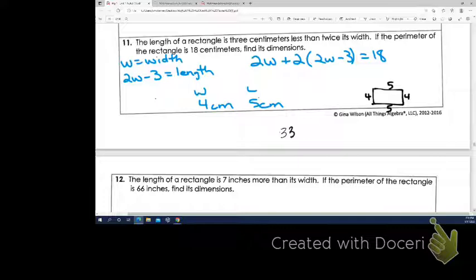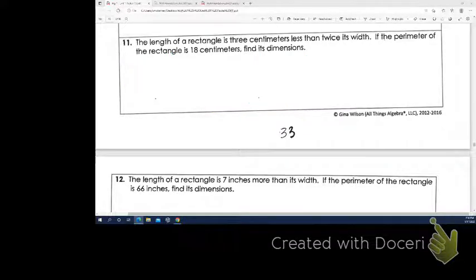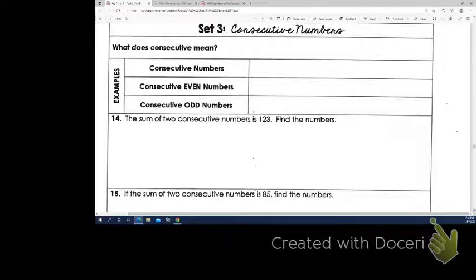And then now we'll do a few problems about consecutive numbers. All right, so first off, consecutive numbers, the meaning of consecutive is that they are one right after the other. Right, so they occur in order, so one after the other.